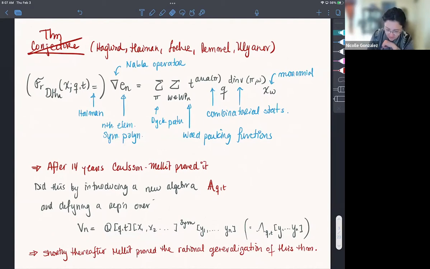And here, these Dyck paths, I should say, are essentially lattice paths on an n by n grid. You can generalize this to n by m, and there was a rational generalization of that. This was proven by Mellit, in essence in a very similar way, by again defining a different representation of AQT, but over the same vector space, and we'll be discussing that as well.